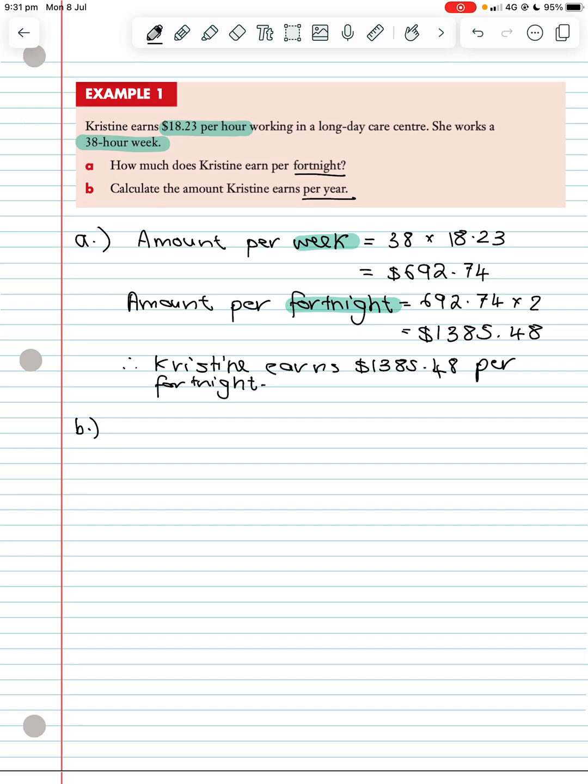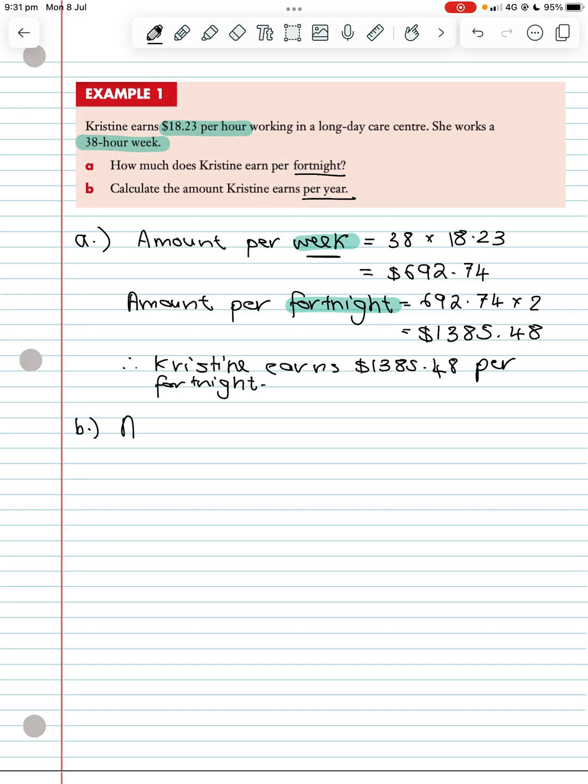Now, you've got to be careful when you're doing this, that we know that, say, there's 52 weeks in a year or 26 fortnights, there's 12 months. But sometimes those conversions can get a little tricky, and we'll look at that a little bit later on. But just be careful of what's being asked from you and what information you've already got. For this case, I'm just going to use my weekly, which is this one here.